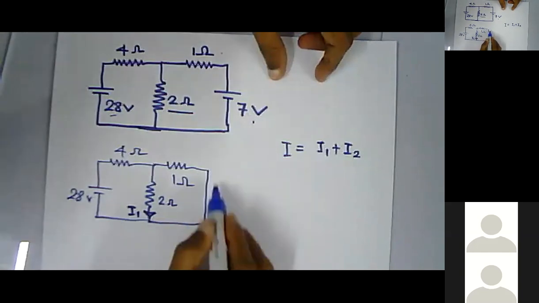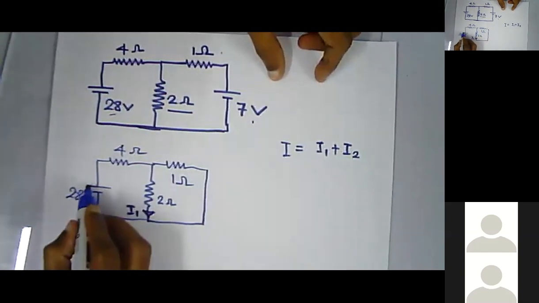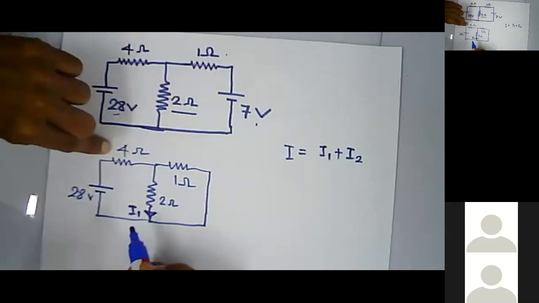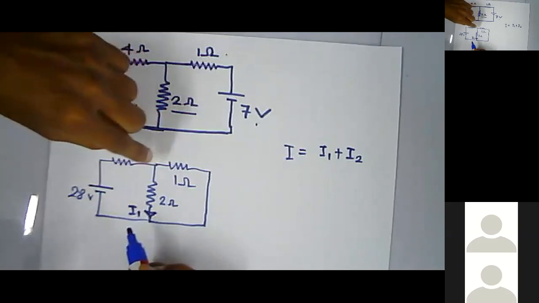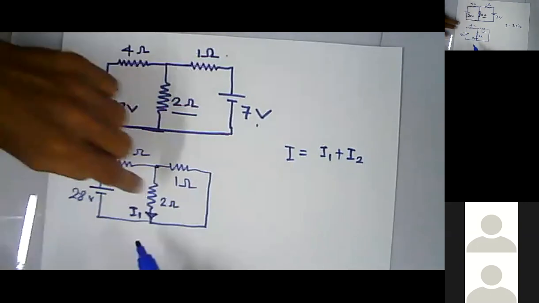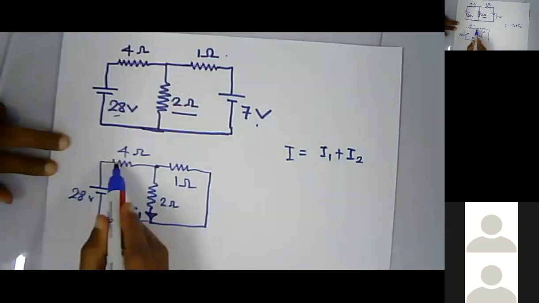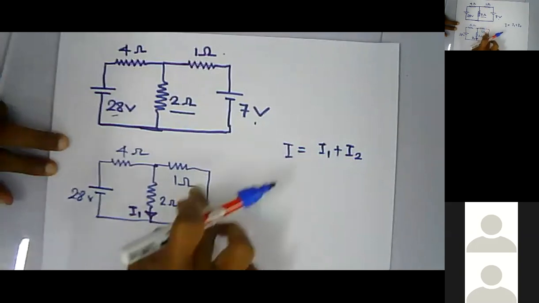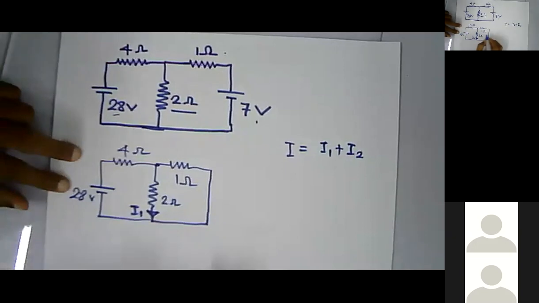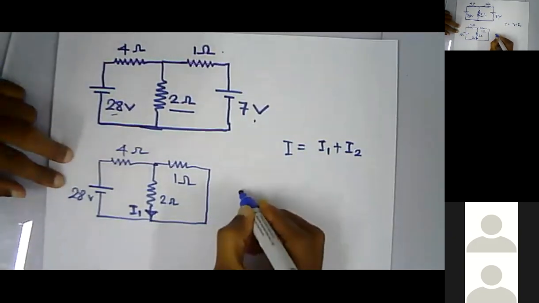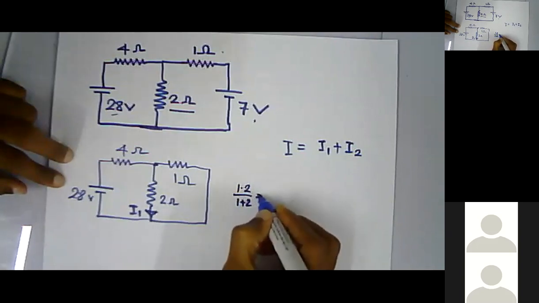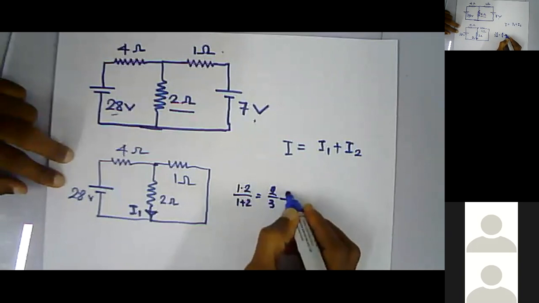Now if this is short circuited, we can see that the 28 volt battery is connected to this 4 ohm resistor, which is in series with the 1 ohm parallel 2 ohm. The 2 ohm and 1 ohm are in parallel, so the equivalent resistance will be 1 times 2 over 1 plus 2, which is 2 over 3 ohms.